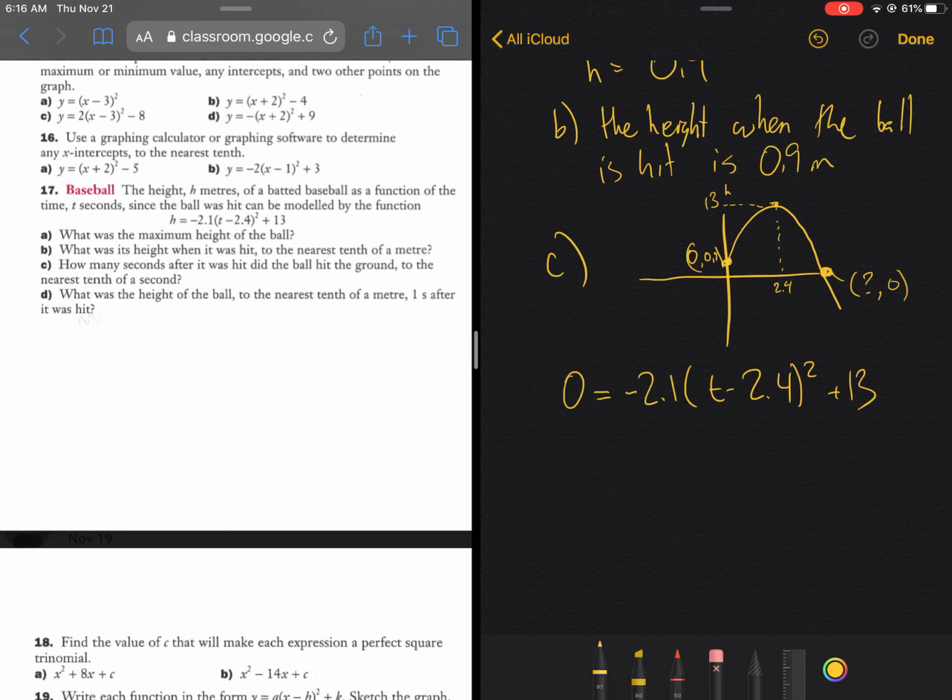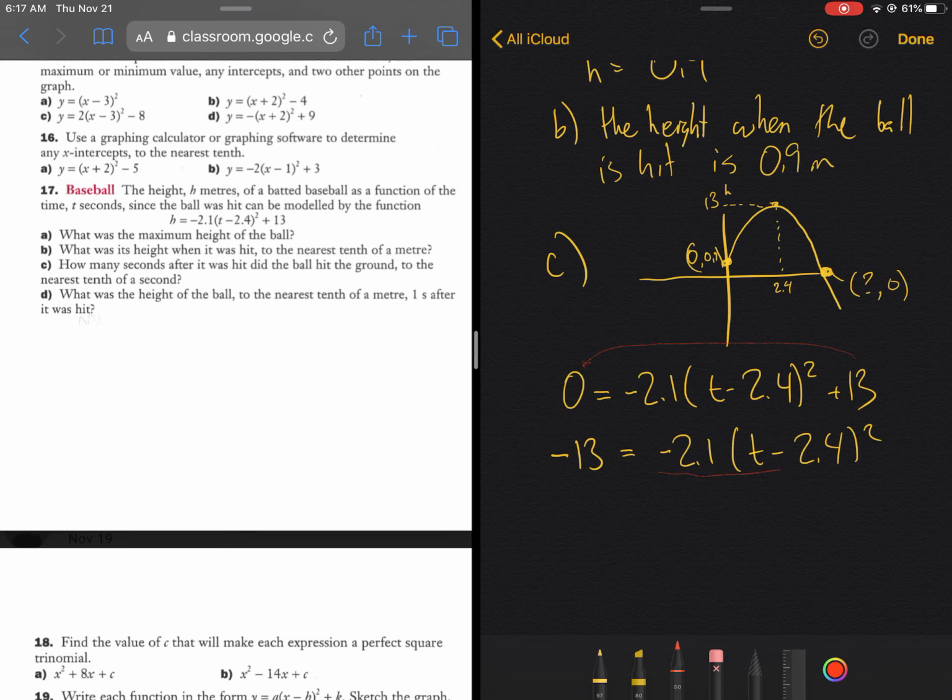The first step is we move this 13 to the other side of the equal sign, so we get minus 13 equals minus 2.1 times (t minus 2.4) squared.